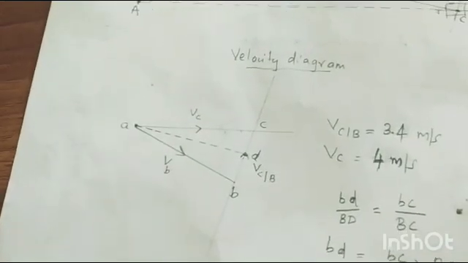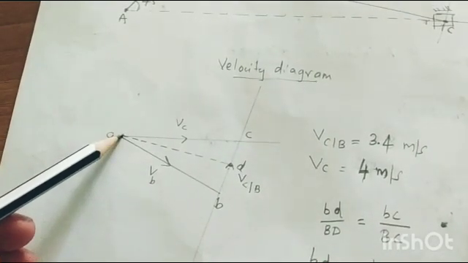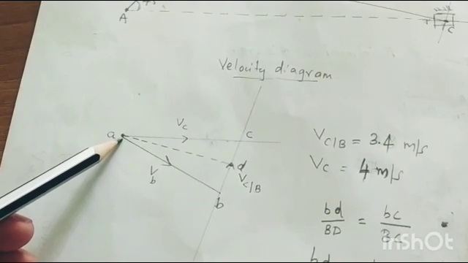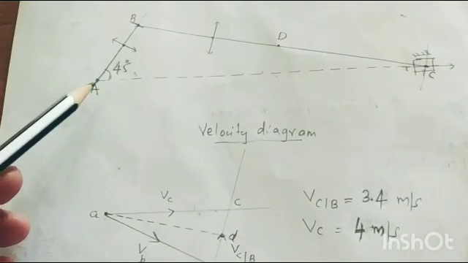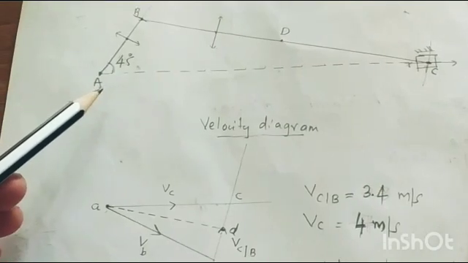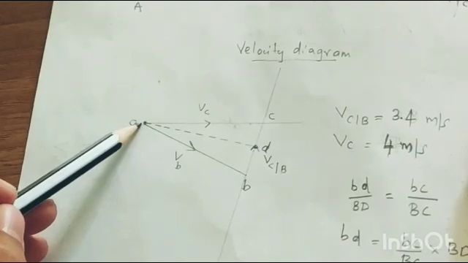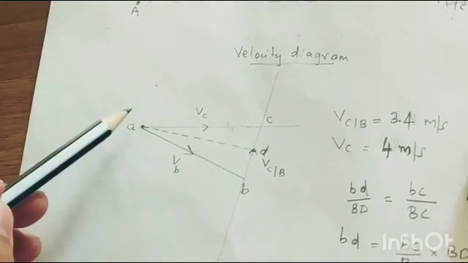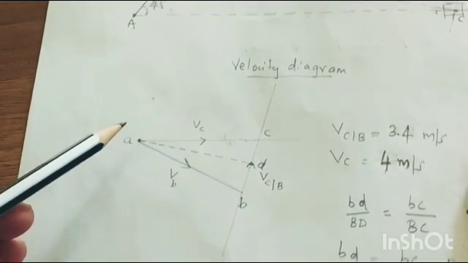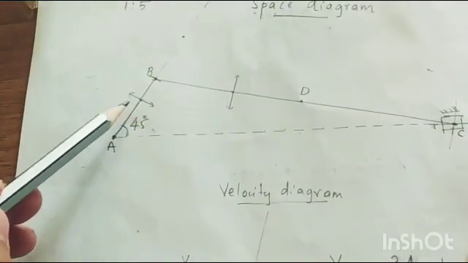Now we'll come to the velocity diagram. First of all, we need to mark the fixed point where all the fixed links meet. You can see only A is the fixed link; there are no other fixed links. So we'll start with the point A. From this point A, draw a line parallel to this direction.